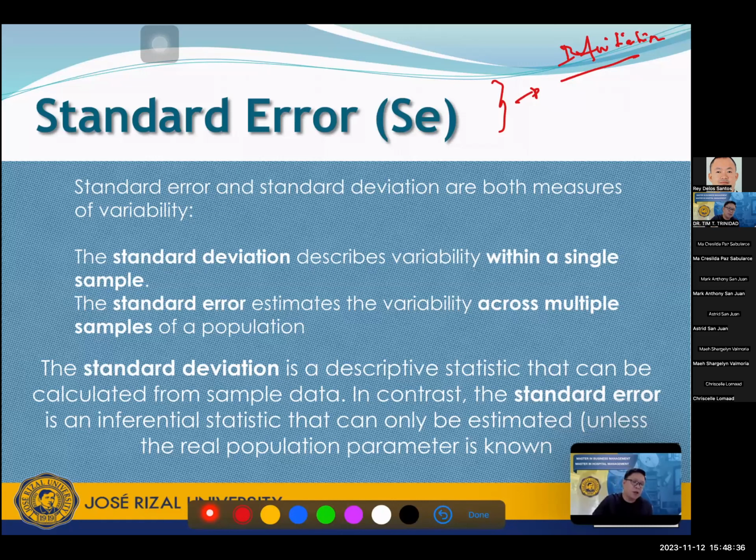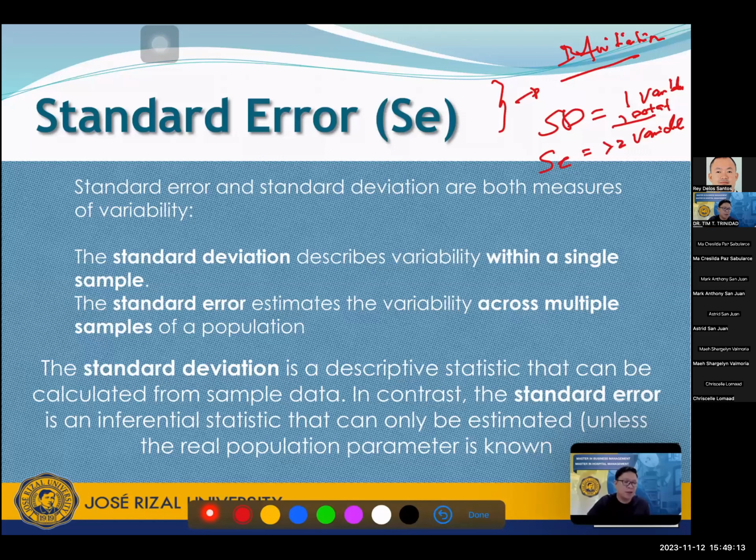Your standard deviation is used to measure one variable or one data set, while your standard error will be for more than 2 variables. So your standard error is just like your standard deviation, but for multiple variables.